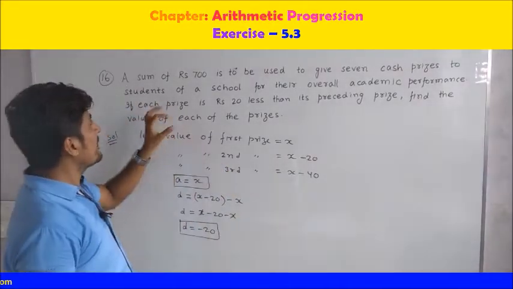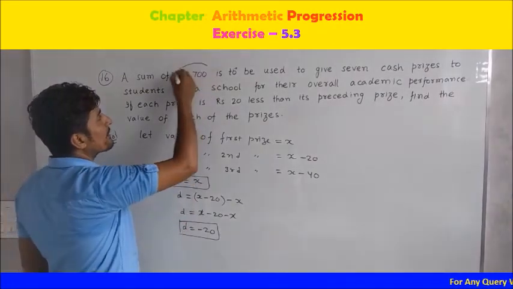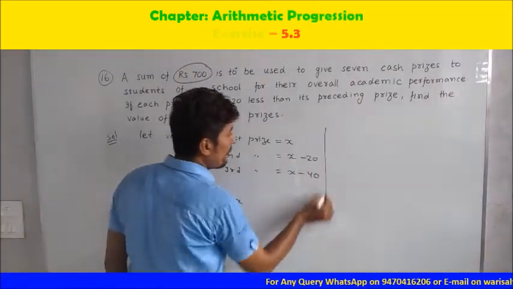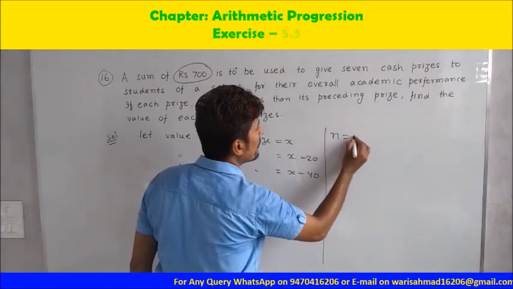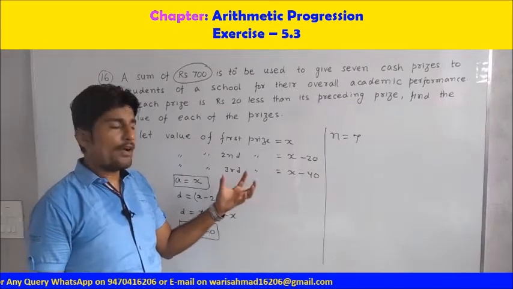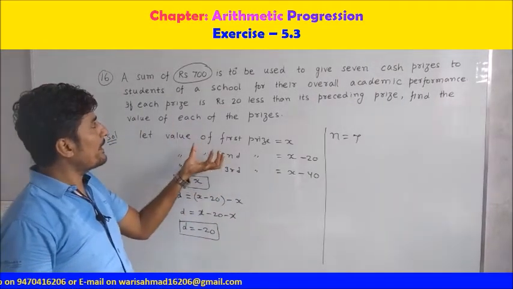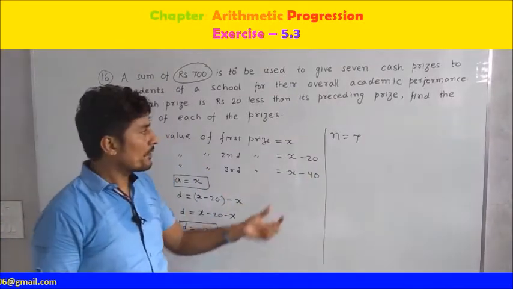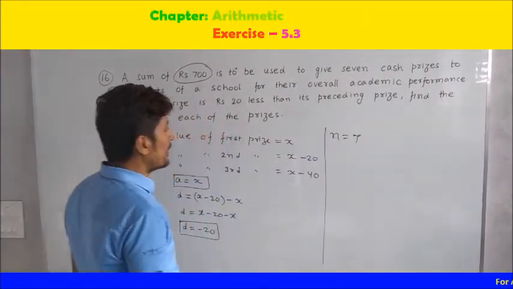Now in the question it is given that we have to divide rupees 700 among the 7 students. Because the number of students is 7, we have to divide this cash prize among the 7 students. So the value of N will be equal to 7.